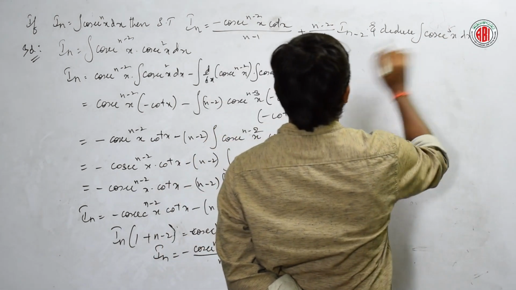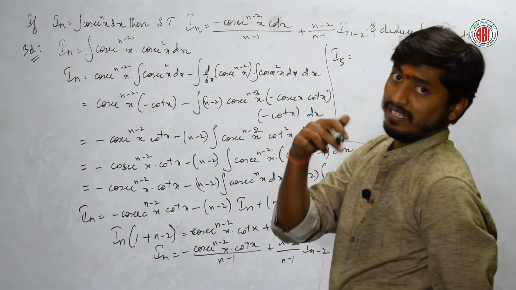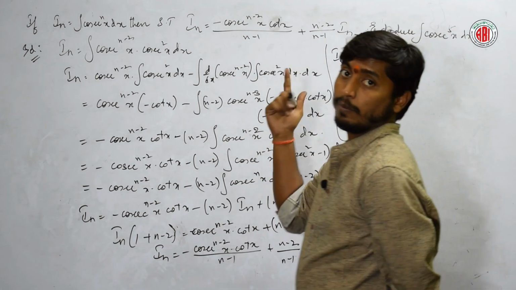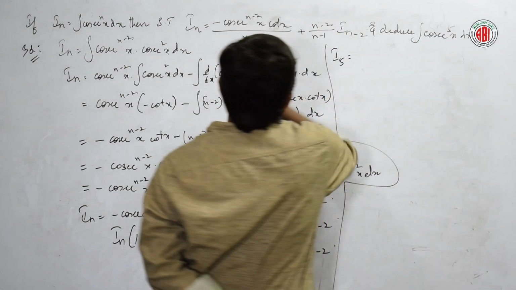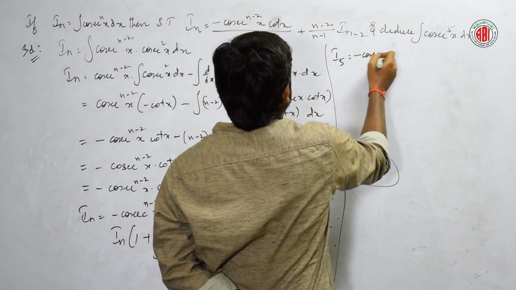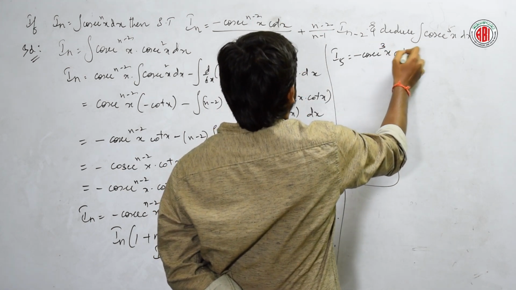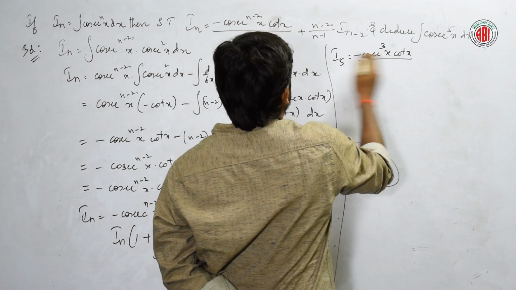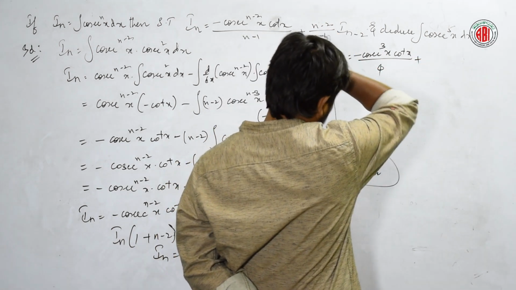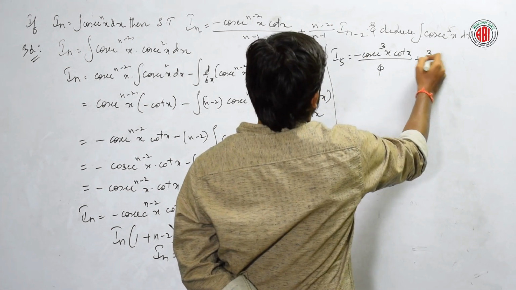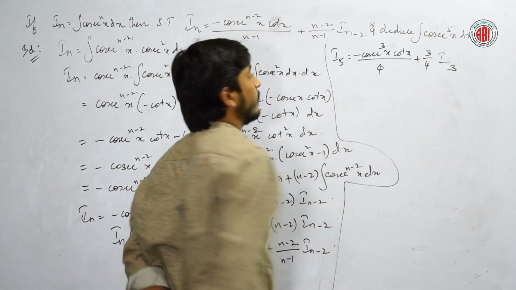Now, let us reduce this I5. Same as we did in the last problem, the last session's problem, we will do the same thing. We will find all first and we will substitute it. I5 is minus cosecant power 5 minus 2, that is 3 x cot x by 5 minus 1 is 4, plus 5 minus 2 by 5 minus 1, that is 3 by 4 I3. 5 minus 2 is 3.